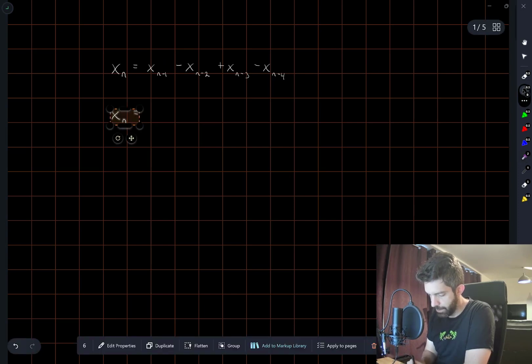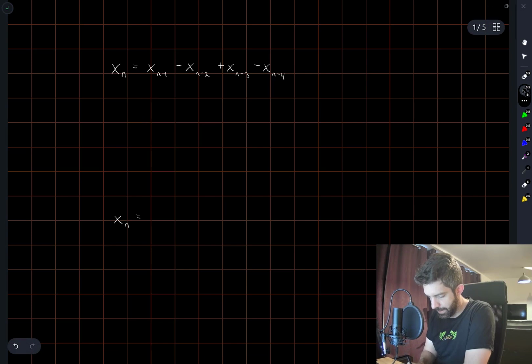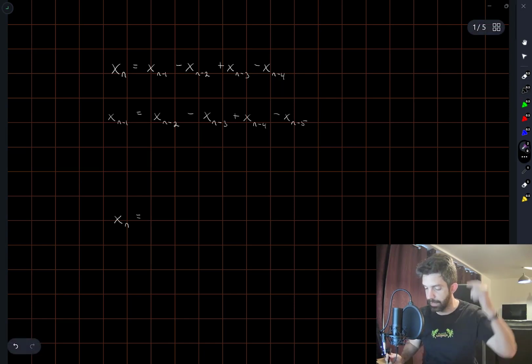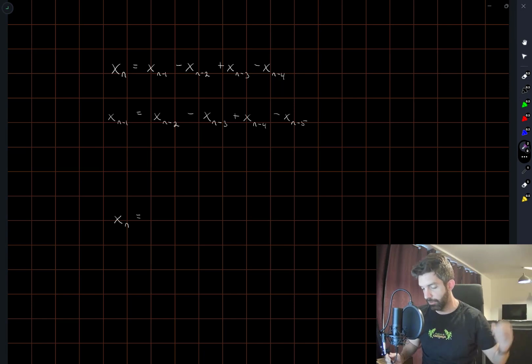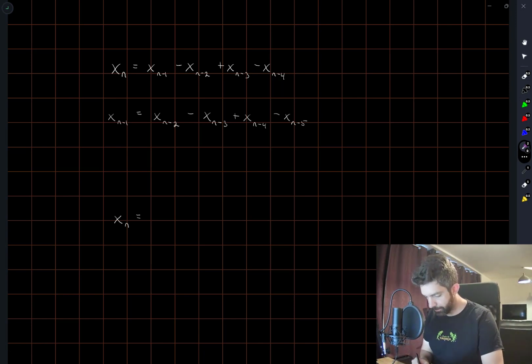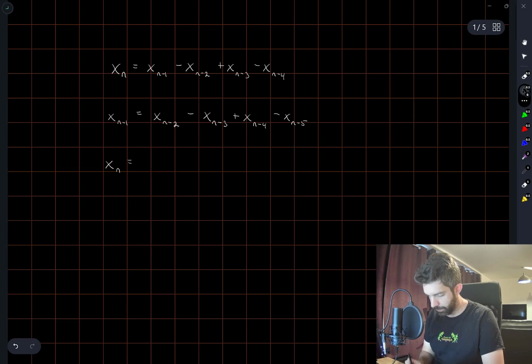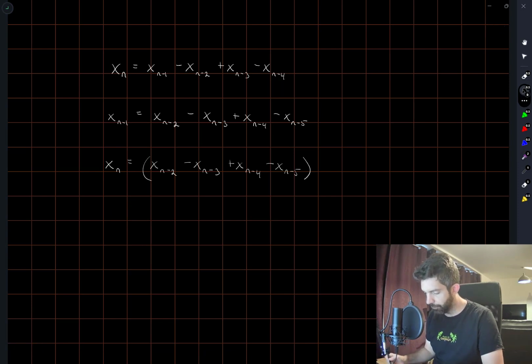Let me write it down here so we can see clearly that xn minus 1 is equal to xn minus 2 and so on. This is just taking the relation we're given and substituting the index n minus 1 for n everywhere. So now, in my first equation, if I make this substitution, we have in parentheses xn minus 1.